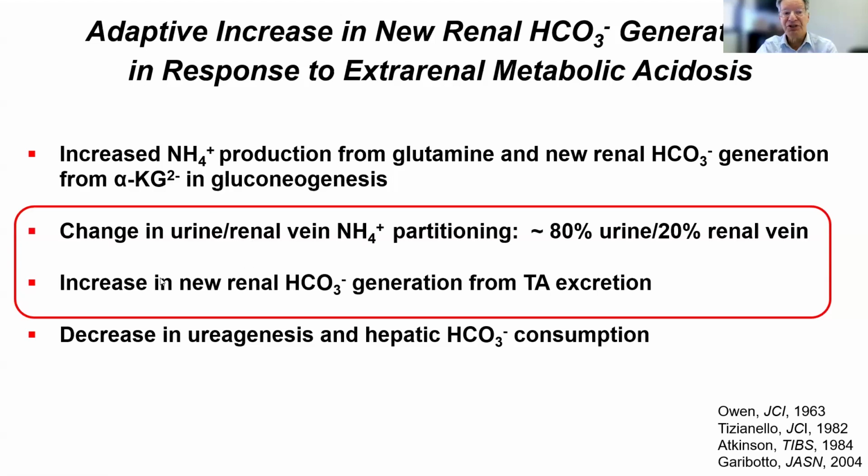And these are the two problems in distal RTA. This change in urine to renal vein ammonia partitioning has a problem, and also the increase in new extra titratable acid generation and excretion don't occur.